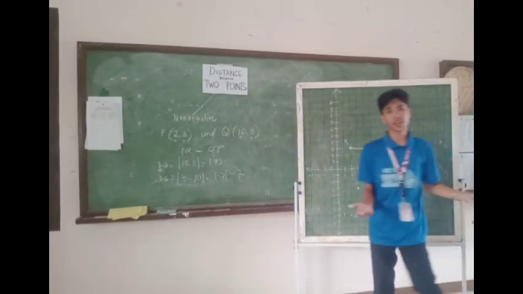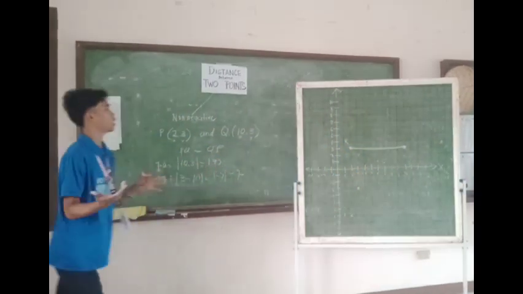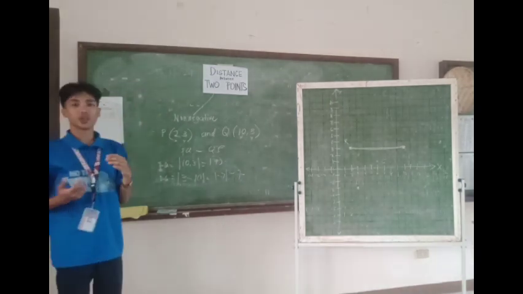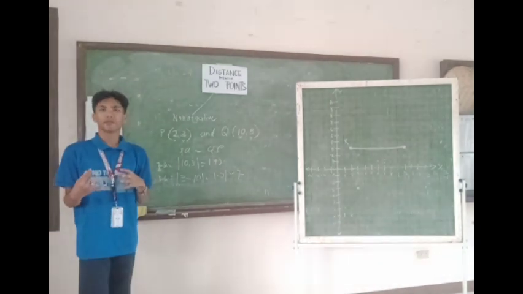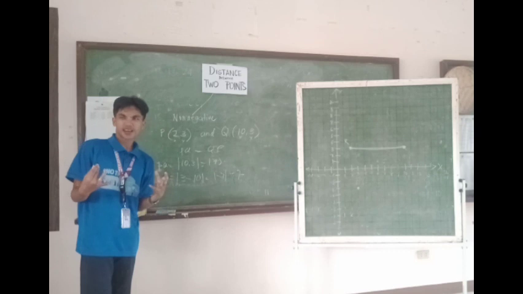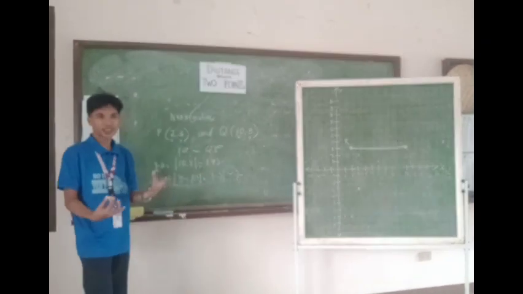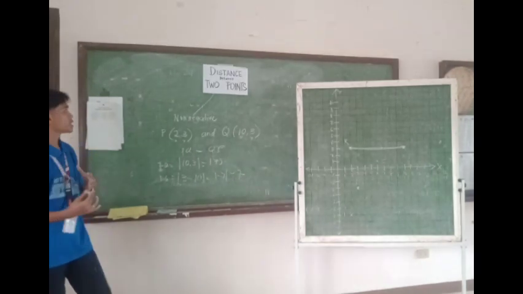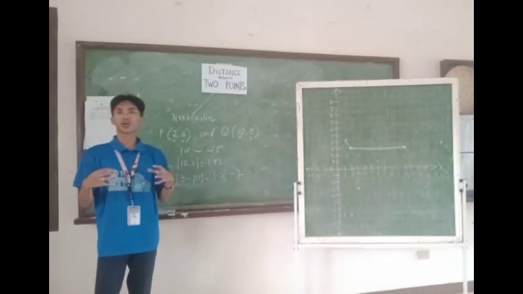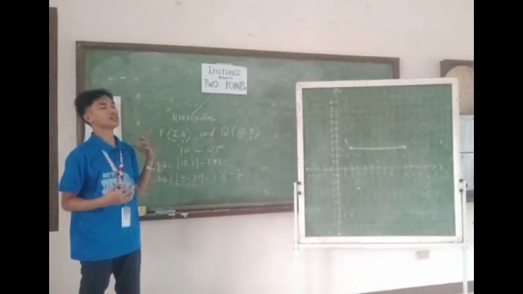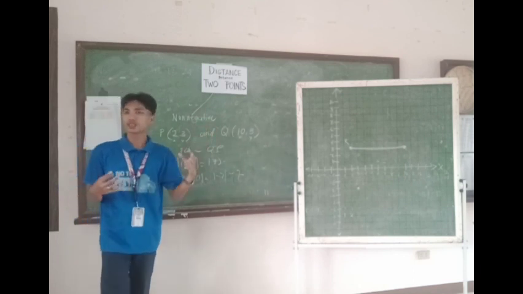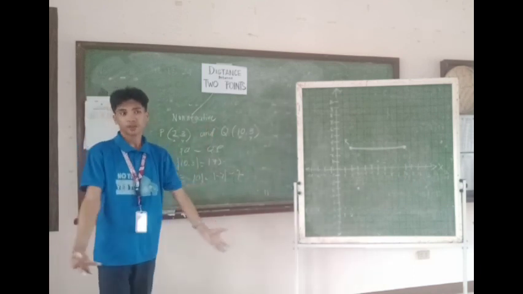Did you understand, guys? Any questions about this distance between 2 points? It is an easy lesson that you should learn. We could also use this distance between 2 points in our daily life.